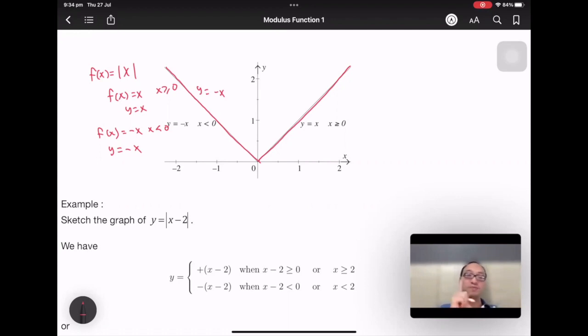Or, in another method to draw the modulus equation, you can just draw the original function of f(x) equals x first. So first you draw y equals x, which has the gradient 1 and passes through 0, 0. So it will be like this.